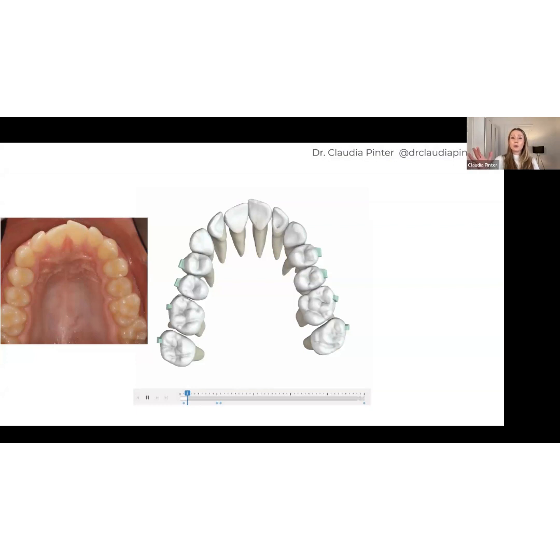So how would you treat that patient? How would you treat that malocclusion? The patient had already seen some orthodontists before me, and they were looking for a solution without premolar extraction. And I was happy to do that. I try to keep teeth whenever it's possible.